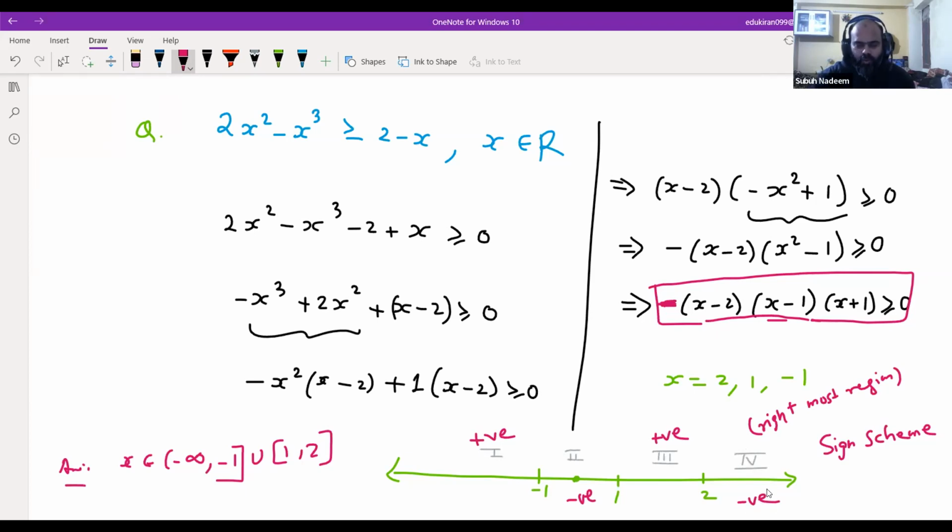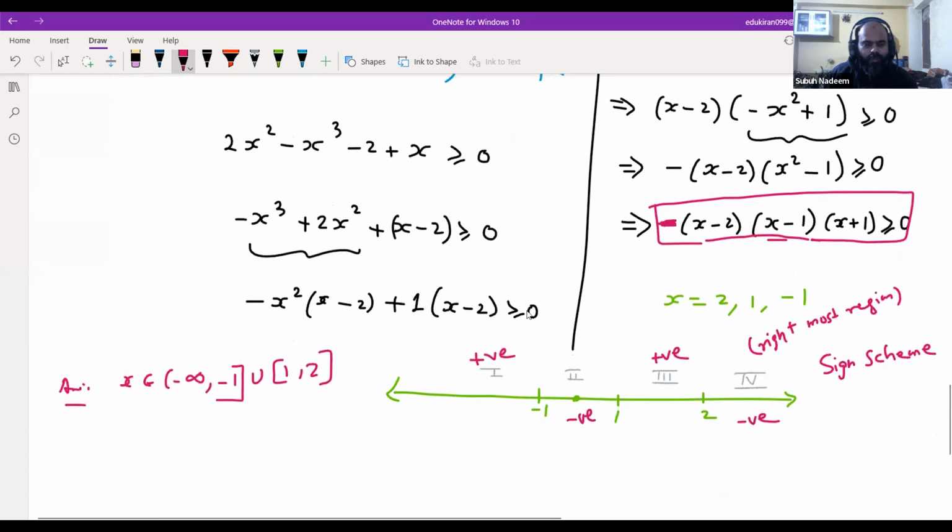What you can do, if you are not satisfied with this, you can take any random point from the fourth one. Suppose you take 3 from here and put it here. So minus 3 minus 2, 3 minus 1, 3 plus 1. You get minus 1 into 2 into 4 minus 8, which is negative. So this region is negative.